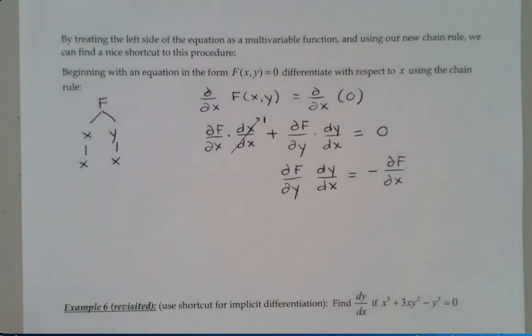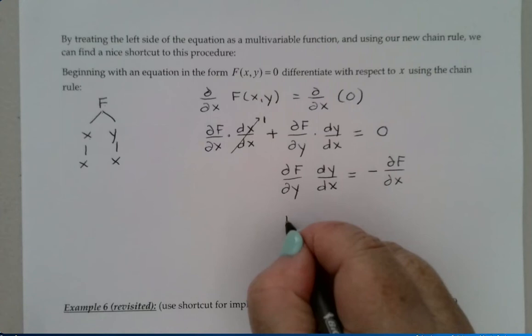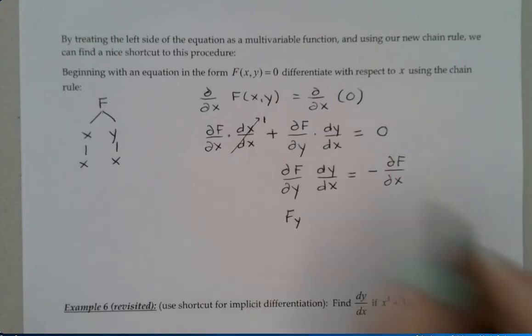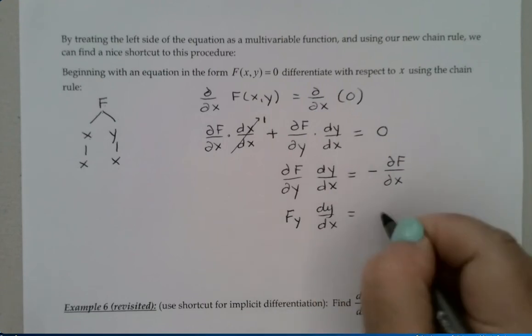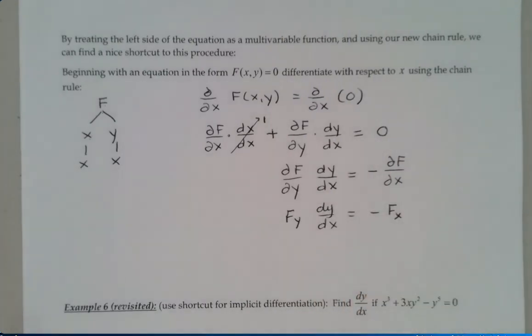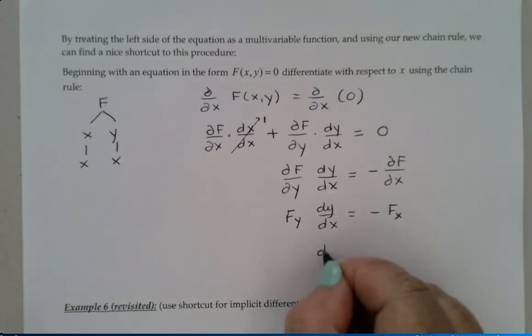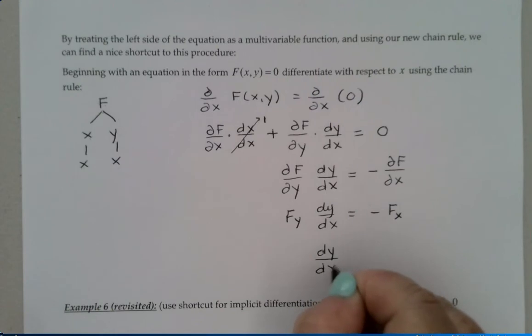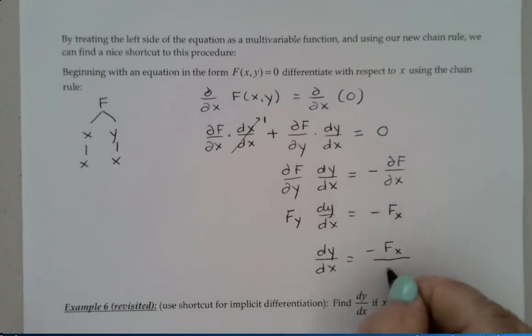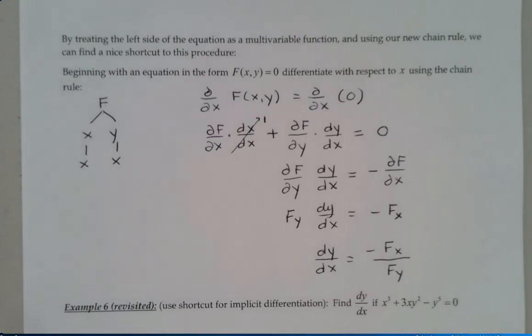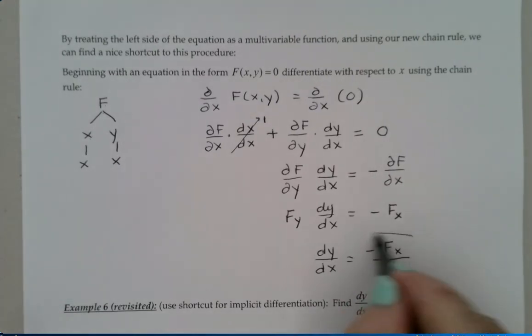And I'm just going to write this in the slightly shorthand notation here. Sometimes we call this f subscript y, right? Times dy dx equals minus partial of f with respect to x. I'm just going to use that notation. Kind of cleans up my formula here. And so I get dy dx is minus f sub x divided by the derivative of f with respect to y.